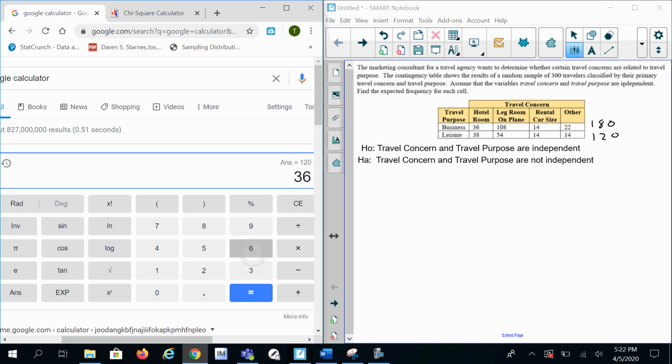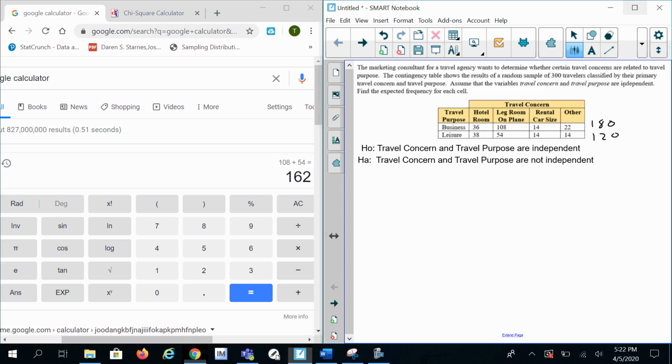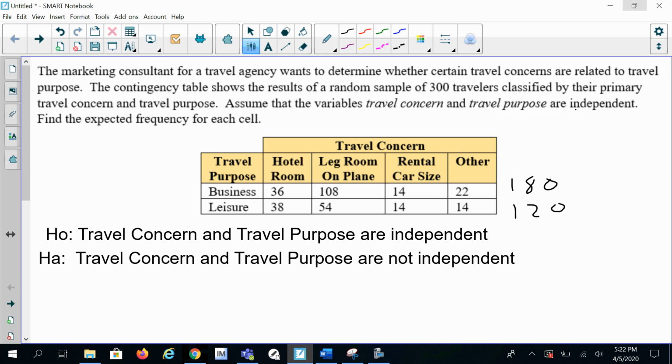So we have 36 plus 38, 74. 108 plus 54, 162. 28, and 36. So we had 74, we had 162, 28, and we had 36.